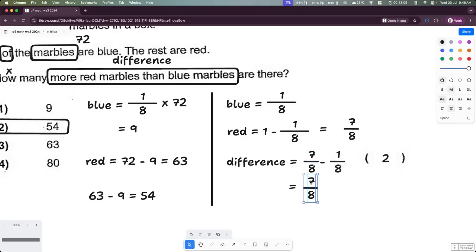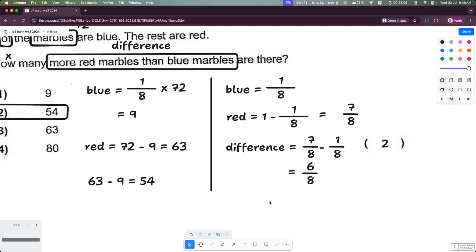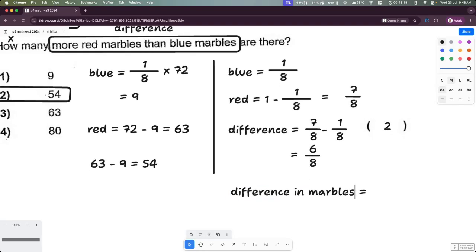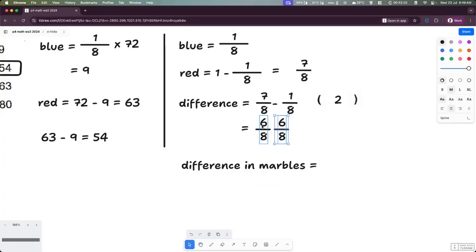This is the fraction for the difference. Now we want the difference in marbles, which is 6 out of 8 multiplied by 72.